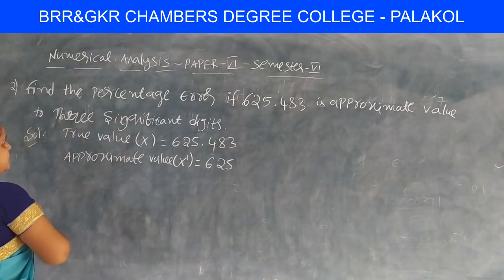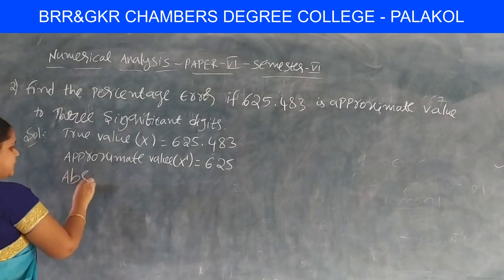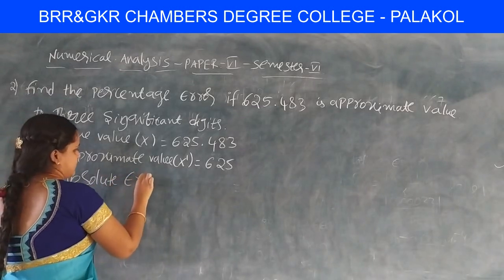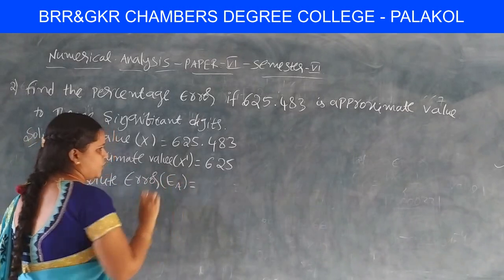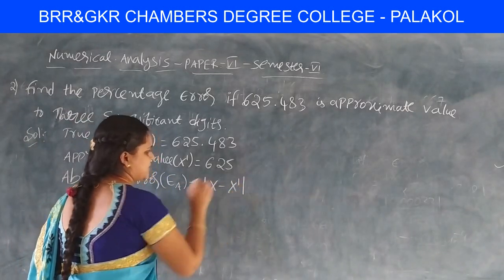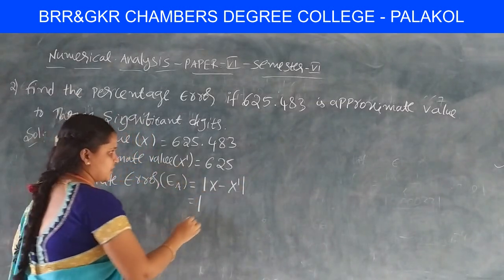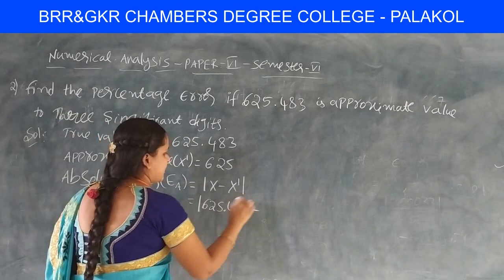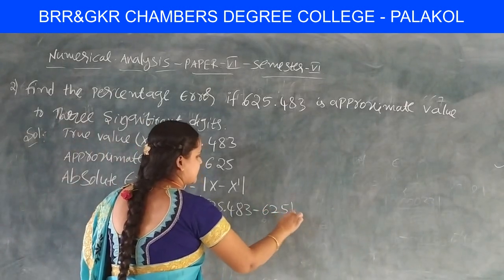Now first find the absolute error. EA is equal to modulus of x minus x dash, which is modulus of 625.483 minus 625.